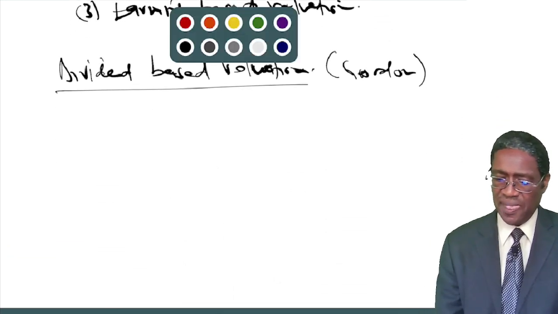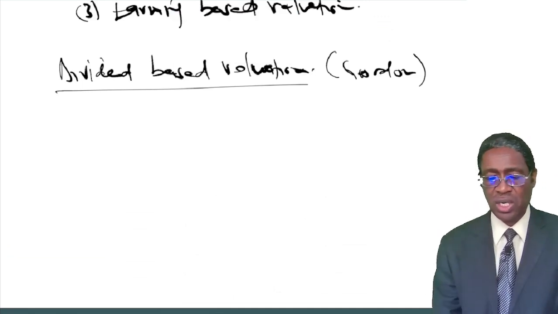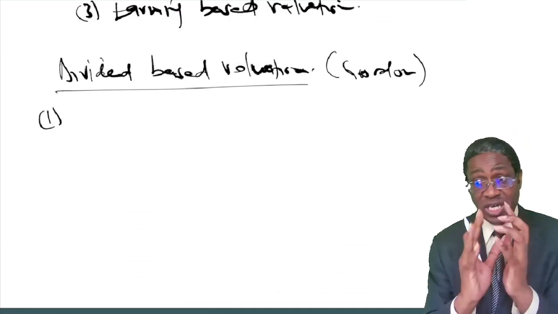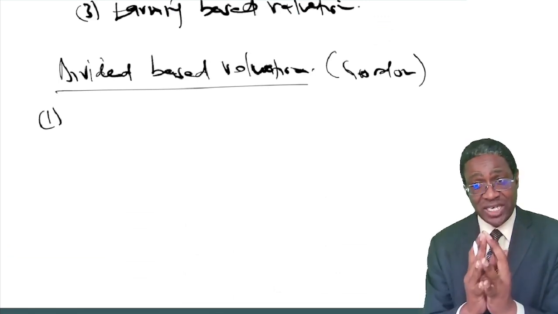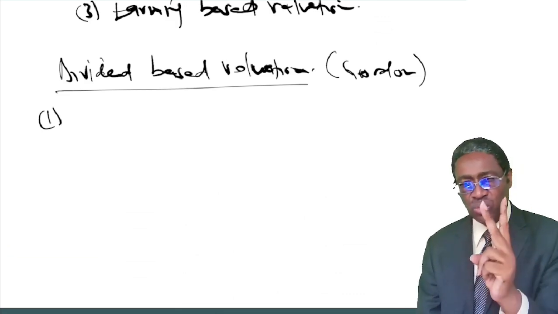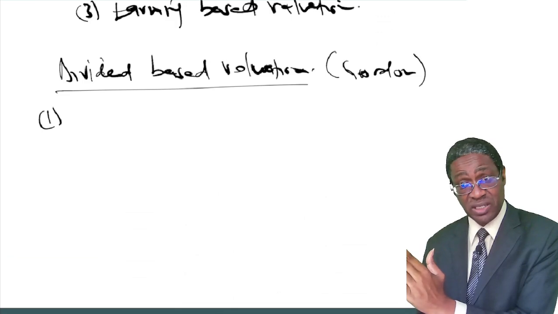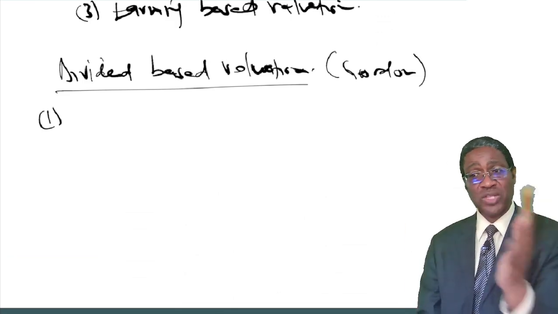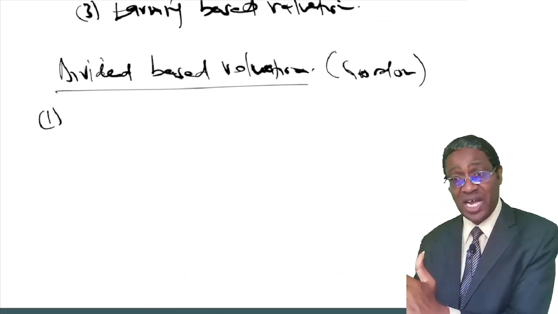Gordon classified ordinary shares into three categories according to their dividend, the history of paying their dividend. So based on the history of paying their dividend, we use the history to compute the value.